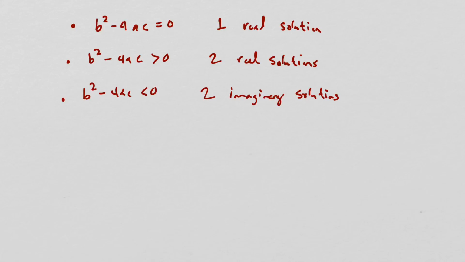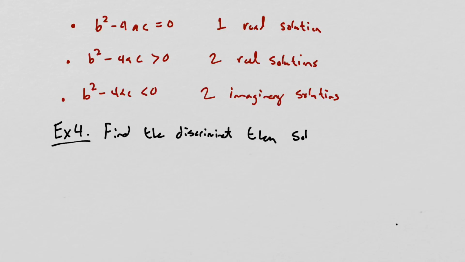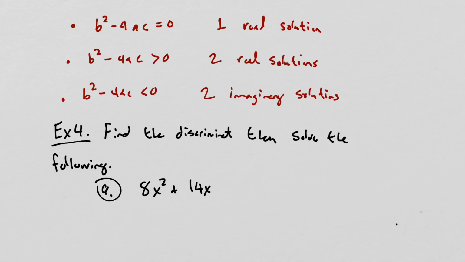Let's go ahead and find the discriminant, then describe the solutions and solve the following equations. Our first quadratic equation is 8x squared plus 14x plus 3 is equal to 0.